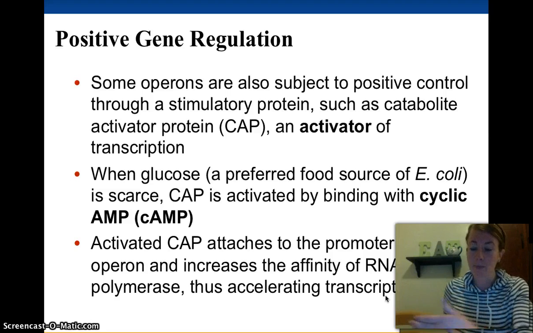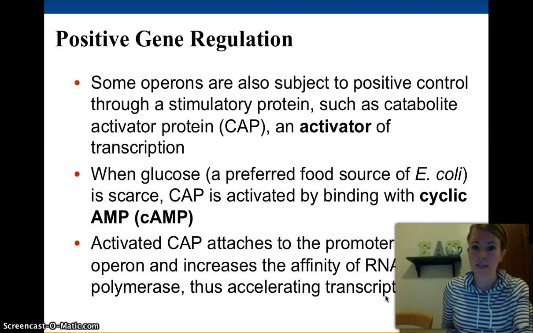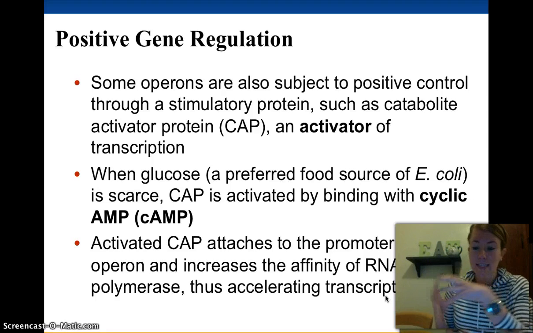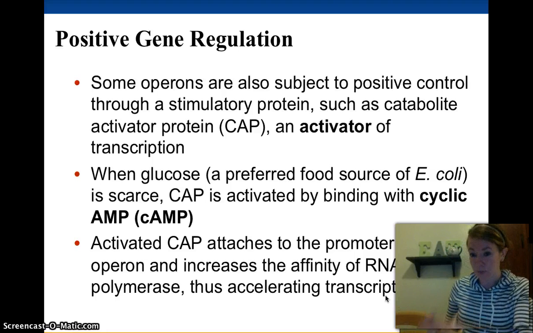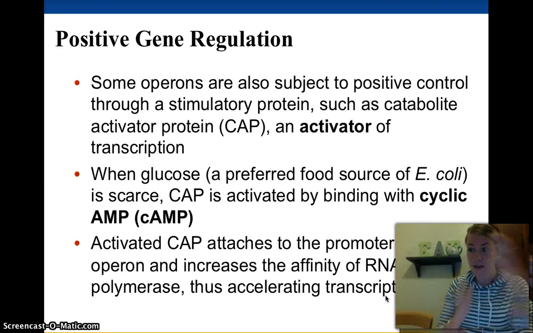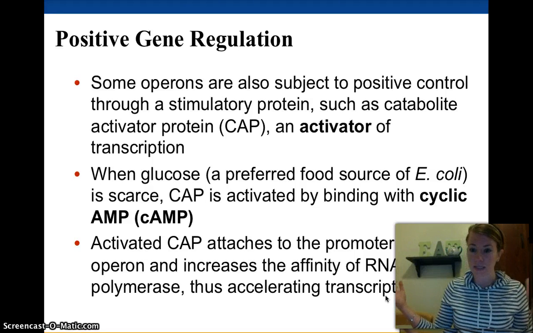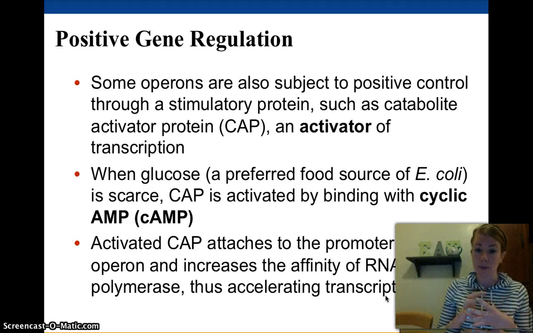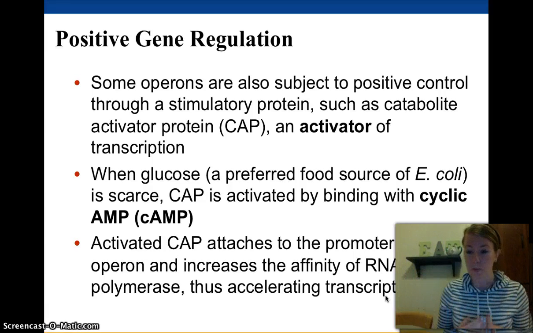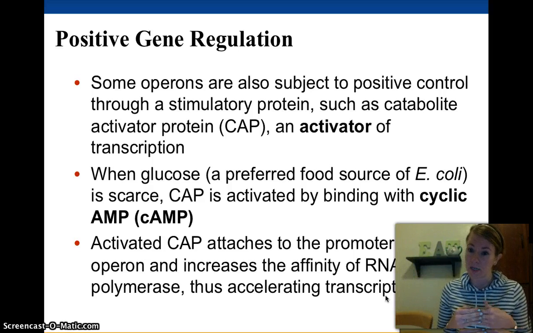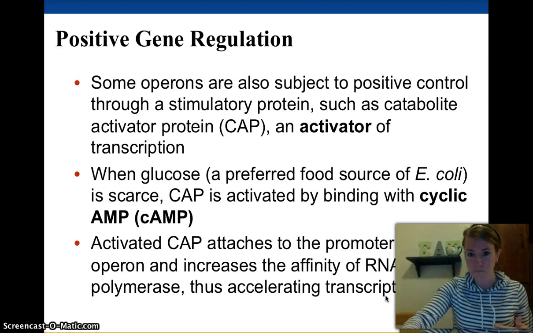So activated CAP binds to the promoter of the Lac Operon and increases the affinity of RNA polymerase for the Lac Operon. So it's the same spot that the Lac repressor was just binding, the same genes that break down lactose, except now this CAP is going to bind and help bring the RNA polymerase to the promoter. That way it happens faster.